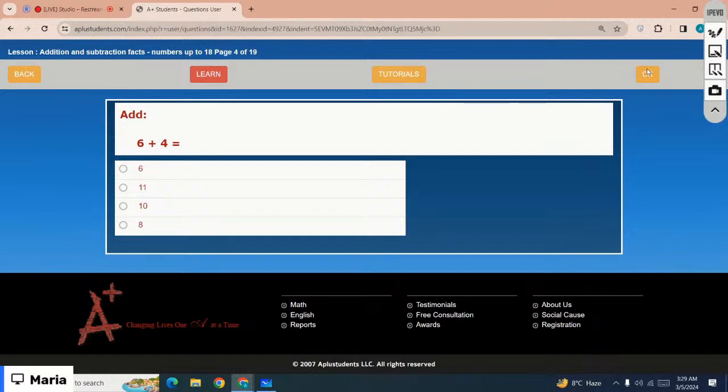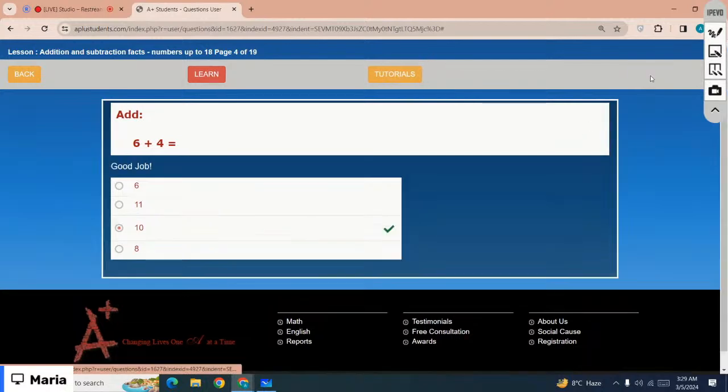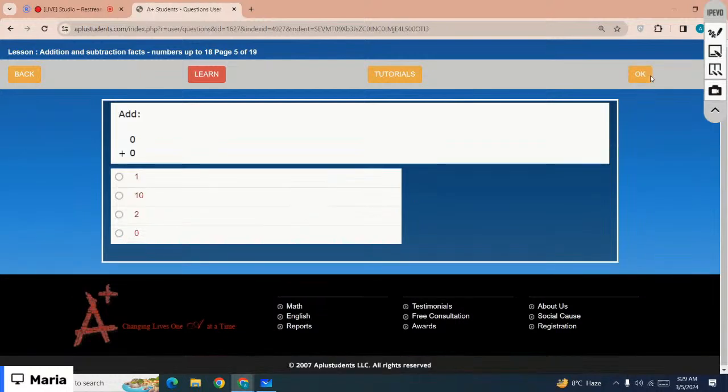That is 6 plus 4. So 6 plus 4 equals, yes, 6 plus 4 makes 10. The correct option is 10. Next one is add: 0 plus 0.